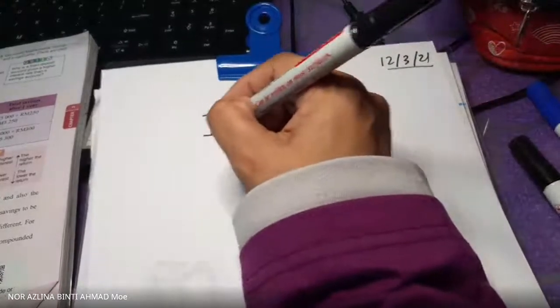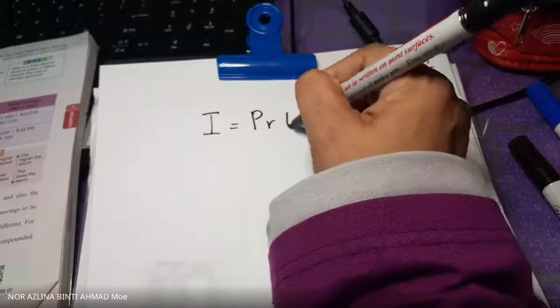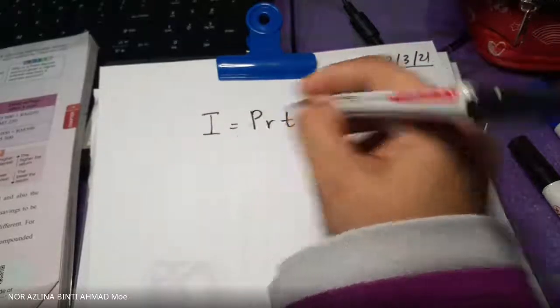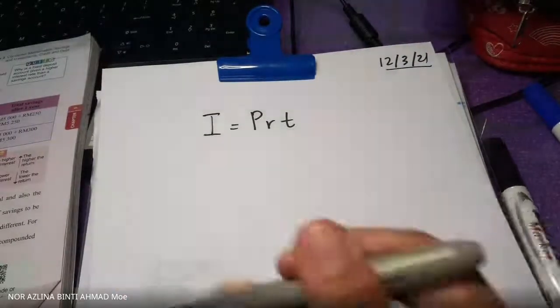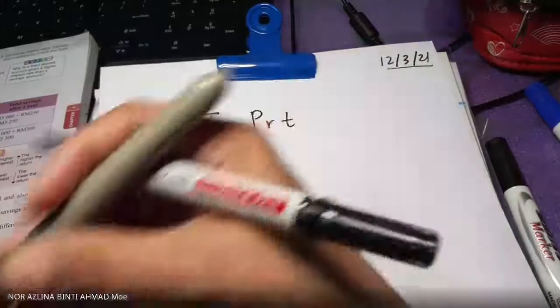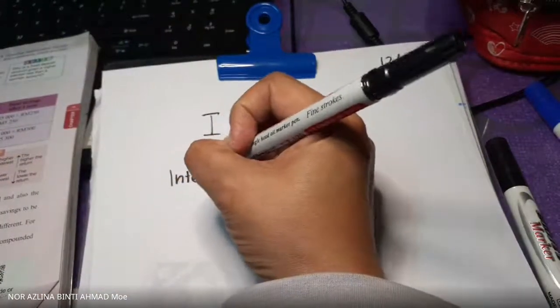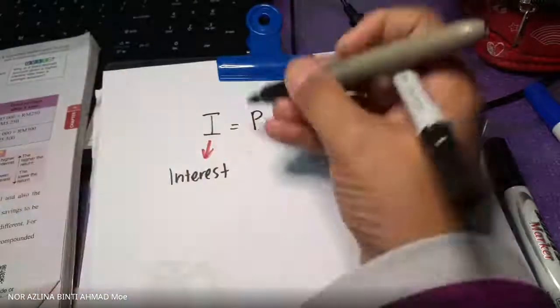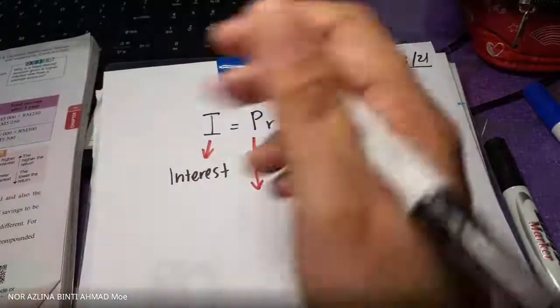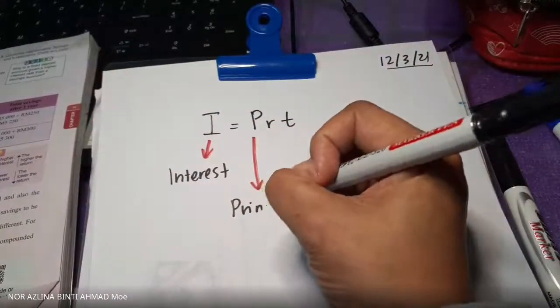From the previous class, we had learned about I equal to PRT. I is simple interest. P is principal or deposit.